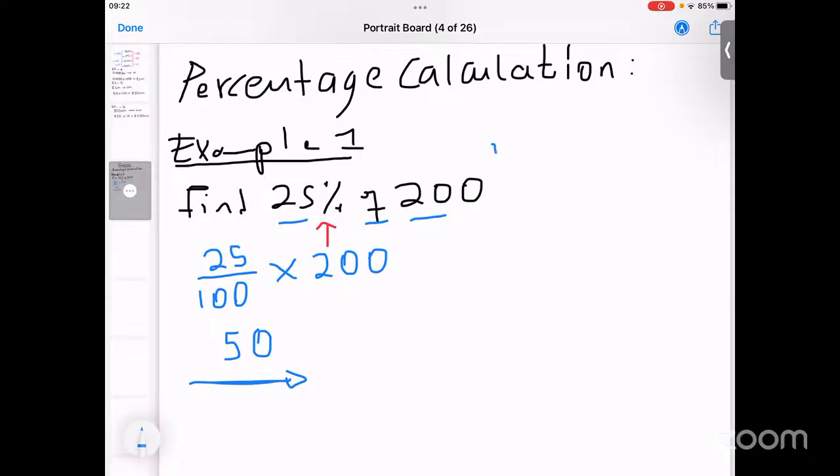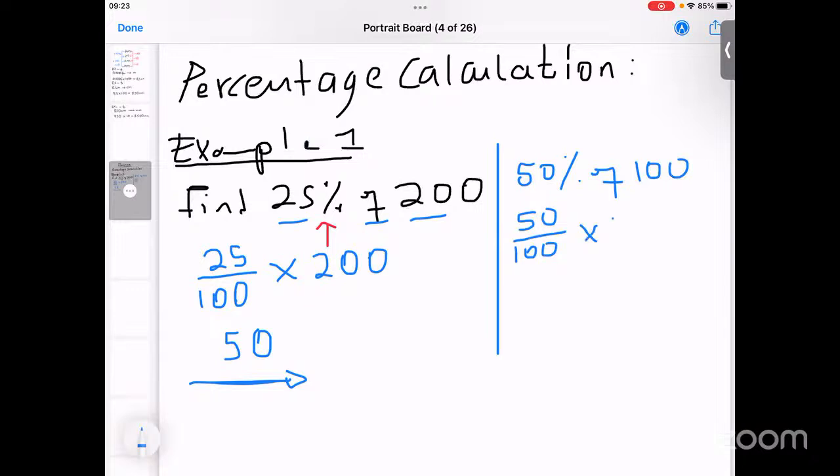Maybe let me give you another example, so that you can have an idea of what we are talking about. So if they say 50% of 100, obviously we know that 50% is therefore 50 out of 100, meaning you multiply it by 100.